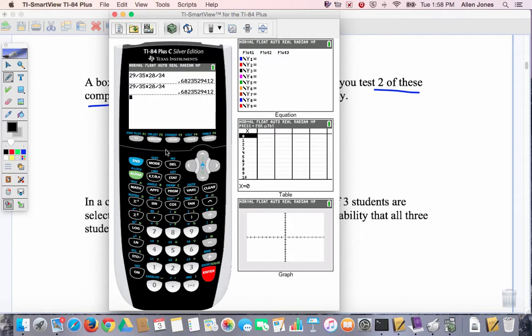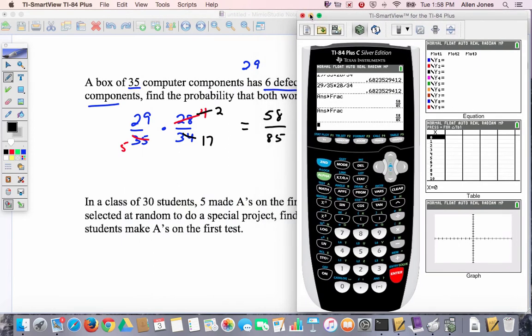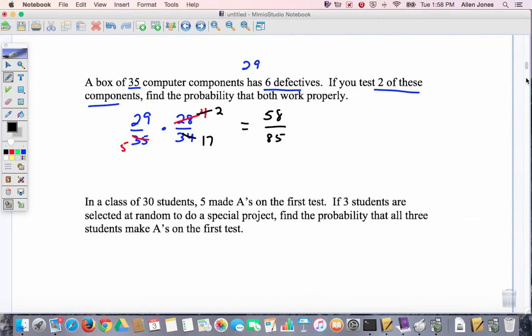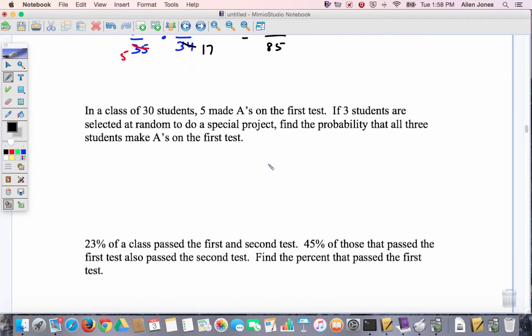So remember, our answer can be in a decimal, so we could write this down as 0.68235, whatever we wanted to write. Or our calculator will convert that to a fraction underneath the math function. Number 1 is a fraction, so I'm just going to hit enter on that. I hit enter a second time, and notice there's my fraction of 28 85ths. Okay, so the graphing calculator can make life a little bit simpler as we type those fractions in if we want to keep working in fractions.